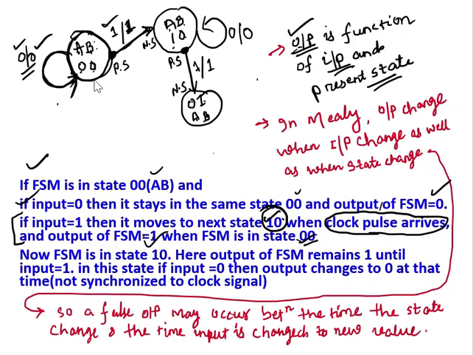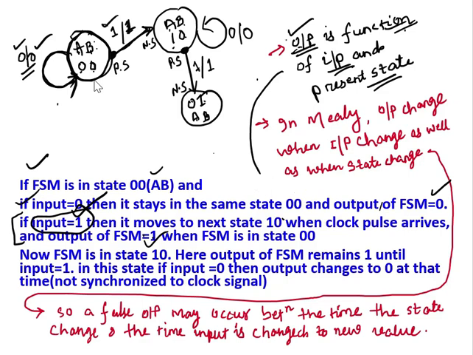In Mealy, output is a function of input, so it will move to next state 1 0 only when input equals 1 and it is in state 0 0. This is how to analyze this one. This line shows output is a function of input and state.